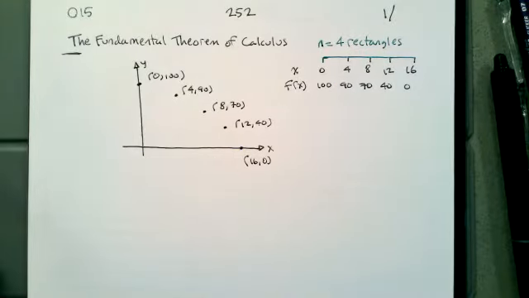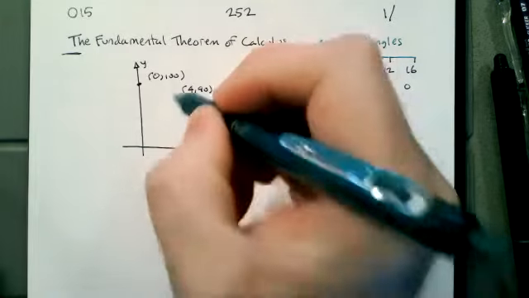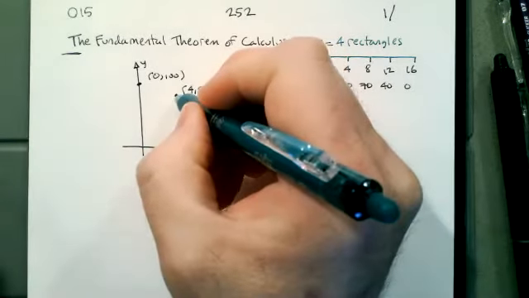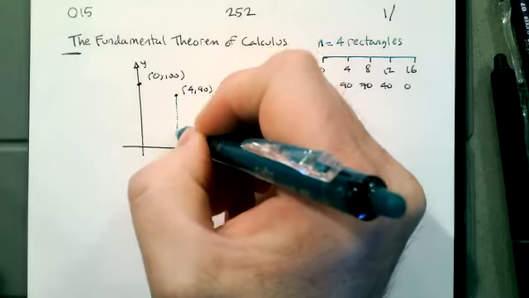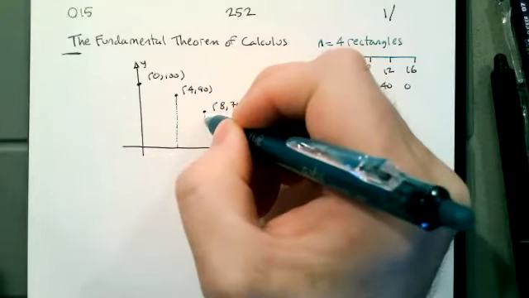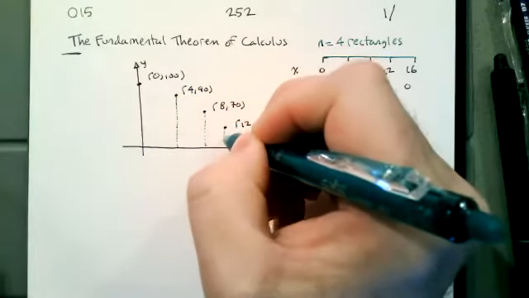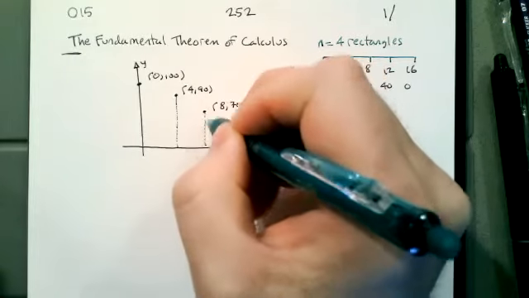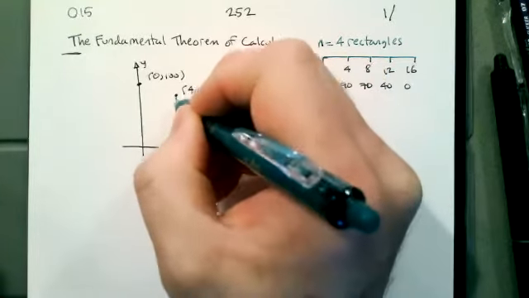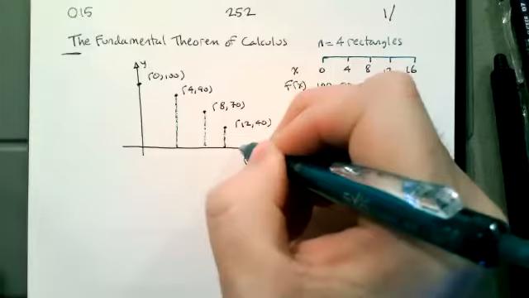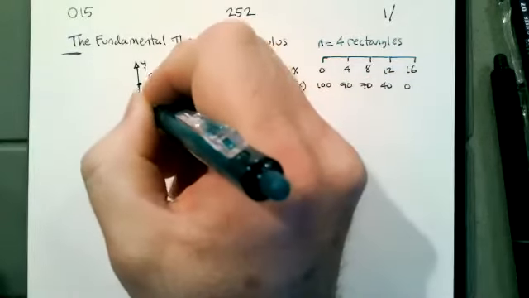For each of these rectangles, I'm going to use a value for the function at either one endpoint or the other. I'm either going to use the highest value of the function or the lowest value. So here are the 4 rectangles that we're going to make, at least the verticals. That one's going to be really short.